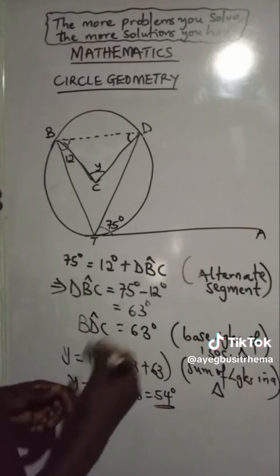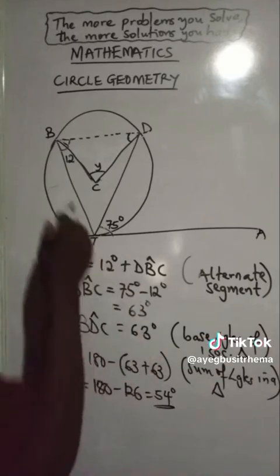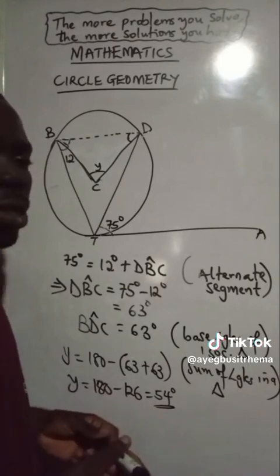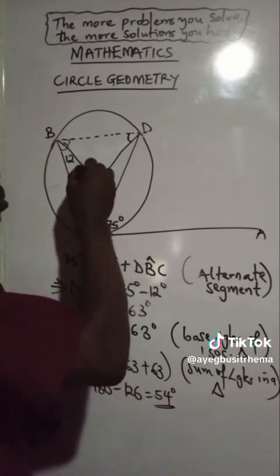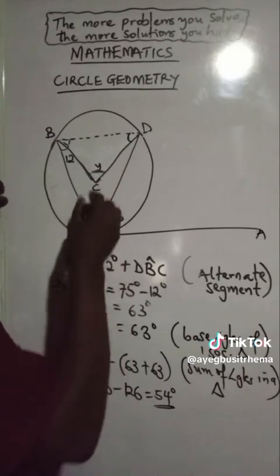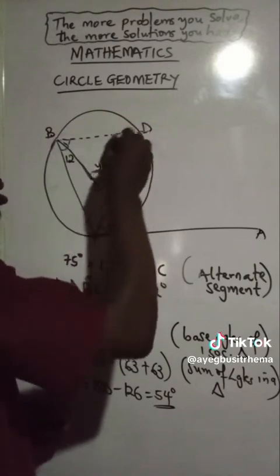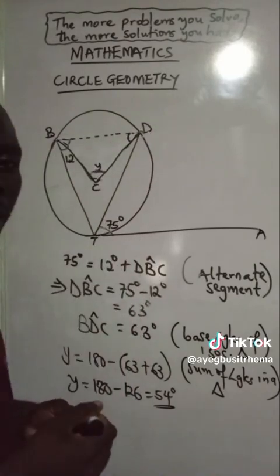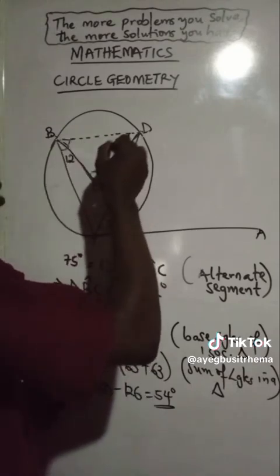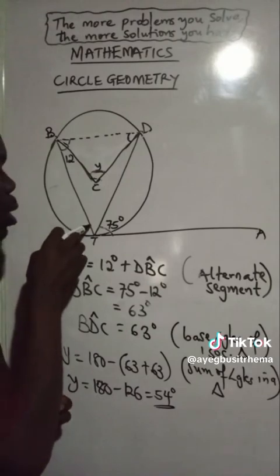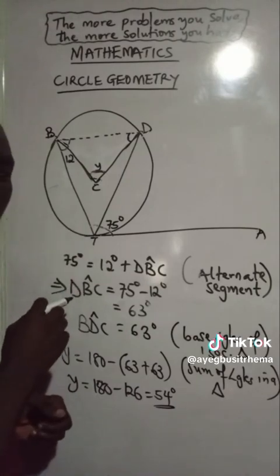Alright, so suppose another question asks you to find angle BTD. What you're supposed to use is another theorem that states that the angle subtended by an arc of a circle at the center, because this has formed an arc, BCD is now an arc, is twice the one at the circumference. Right?